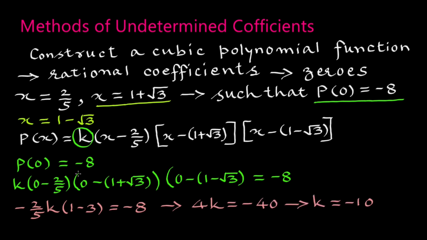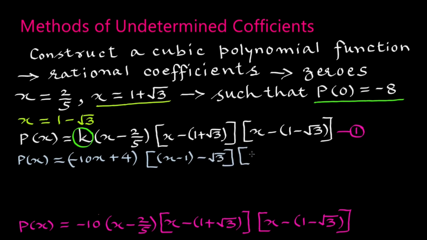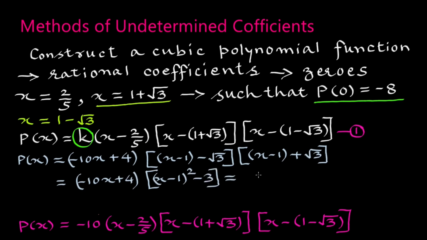So the required polynomial becomes p(x) equals minus 10 (x plus 4) into (x minus 1 minus root 3) into (x minus 1 plus root 3), which is minus 10 (x plus 4) into ((x minus 1) whole square minus 3), which is minus 10 (x plus 4) into (x square minus 2x minus 2).